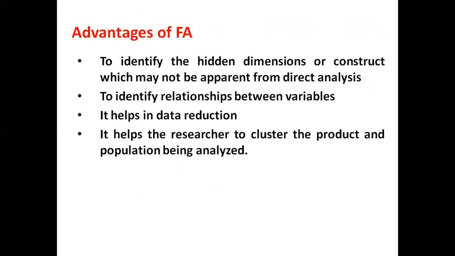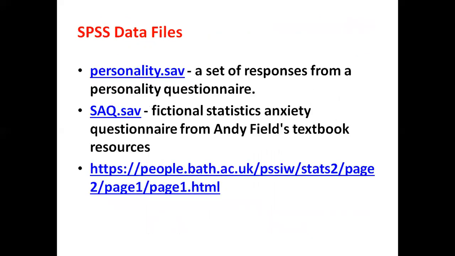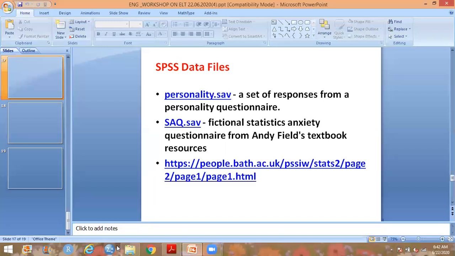What are the advantages of this PCA factor analysis for a data set having a large number of variables? Now, I have put on my slide some of the SPSS data files which I have extracted from the web. Now I go to the factor analysis.